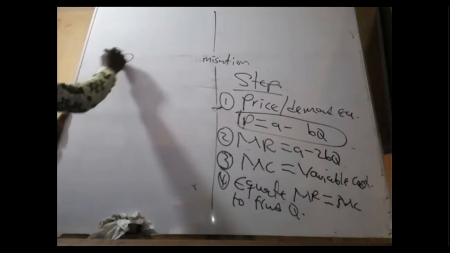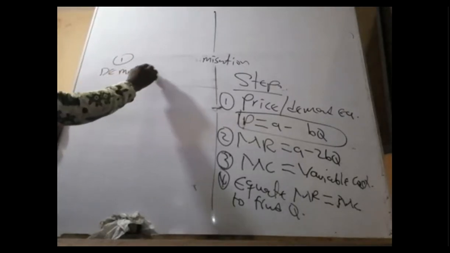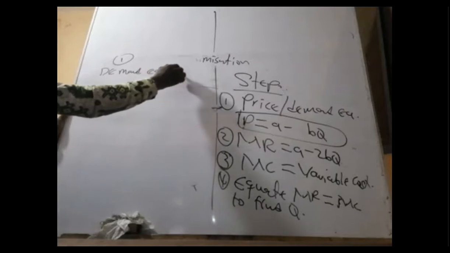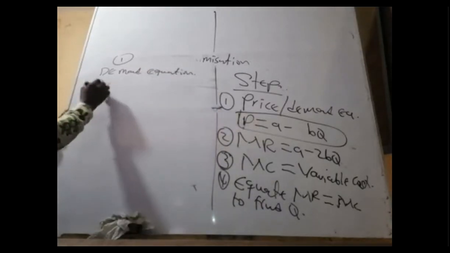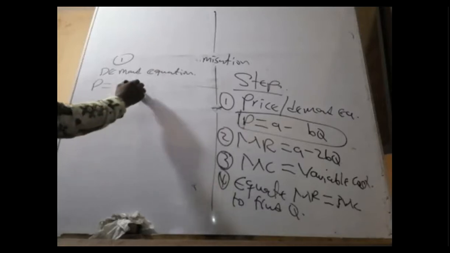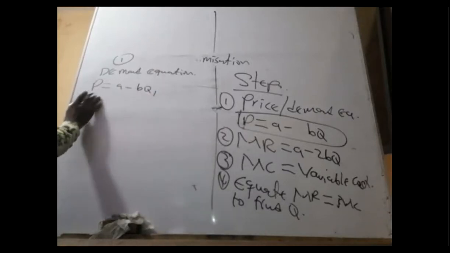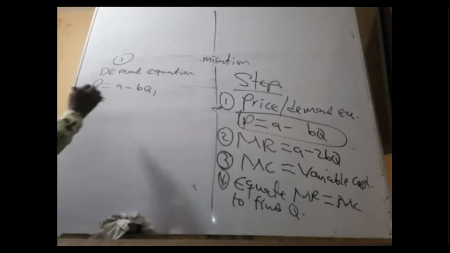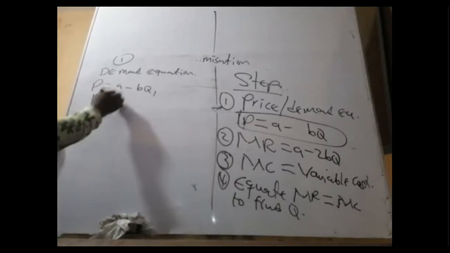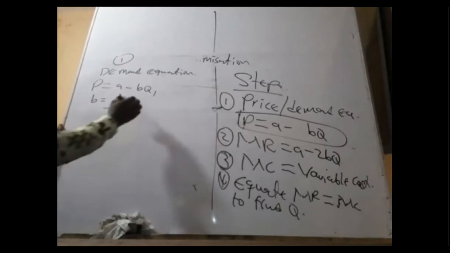So step 1, demand equation. Quote it that price is equal to A minus BQ, where A is equal to, no, we can find B first. B is equal to change in price over change in quantity.